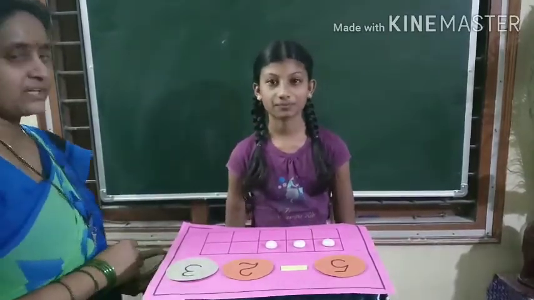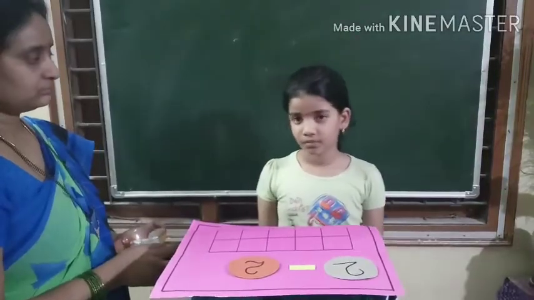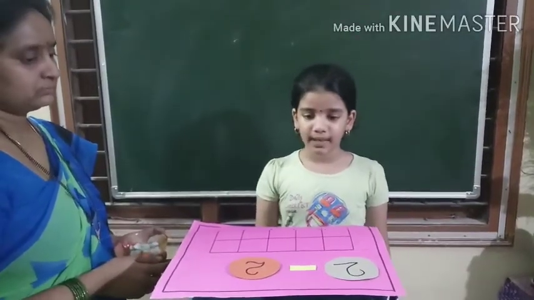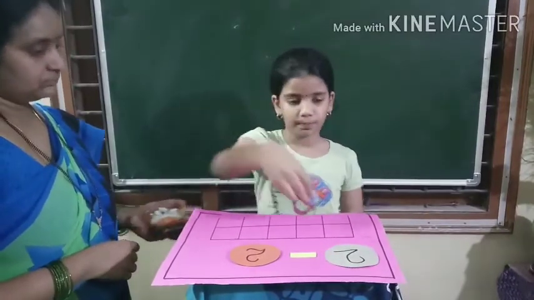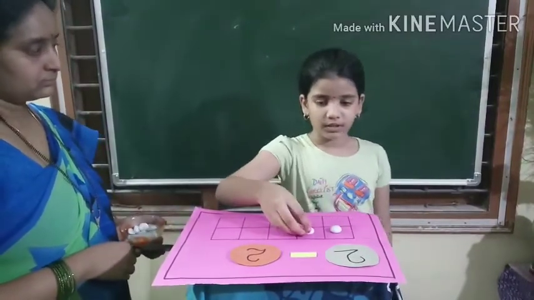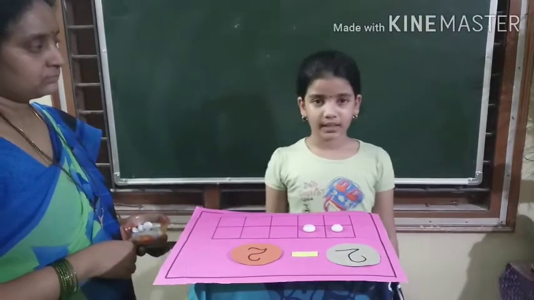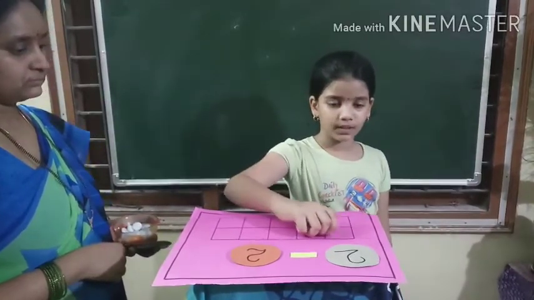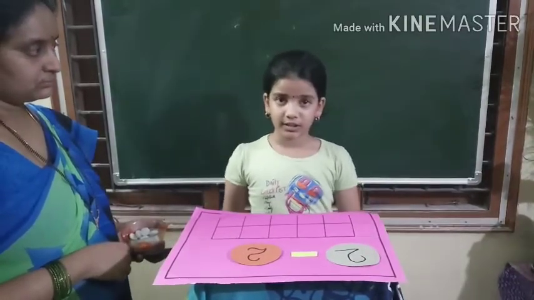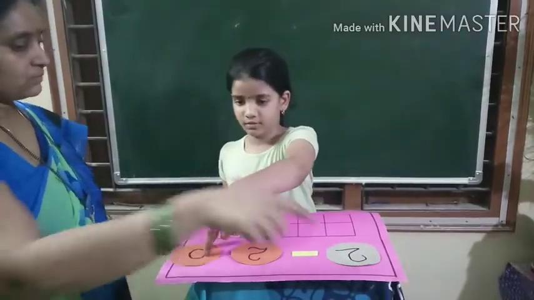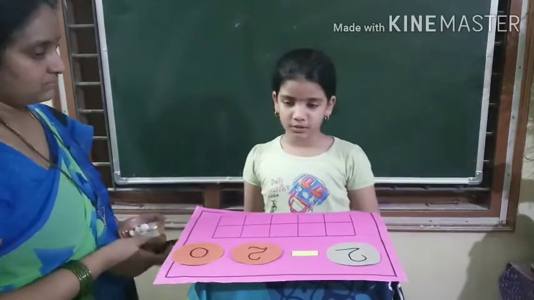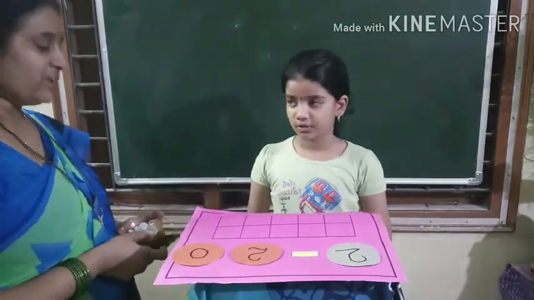Very good, thank you, Titiksha. 2 minus 2. We have to take 2 pebbles and take out 2 pebbles here. The answer is 0. 2 minus 2 is equal to 0. Very good, Gatri.